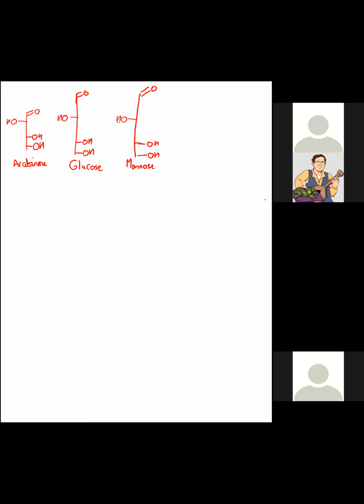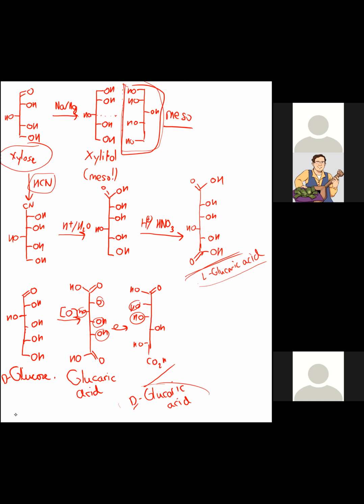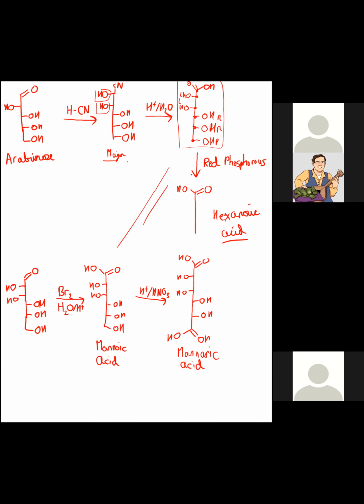Because remember, for arabinose, we were able to take arabinose and turn it into the same thing as mannoic acid. So we were able to convert arabinose to mannoic acid.